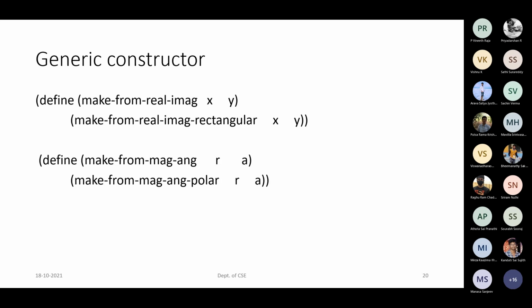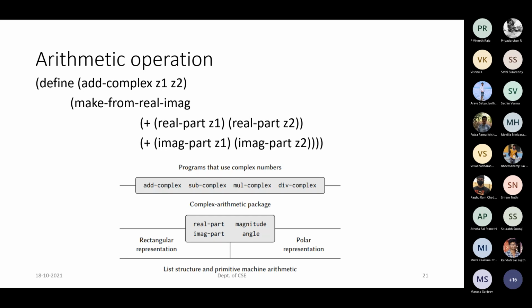So we can call directly make from real imaginary from rectangular form, because the input whatever you are getting here will be in the same form, that is real part and the imaginary part. So directly we can call rectangle. Similarly, if it is magnitude angle, then we can make use of make from magnitude angle polar form.